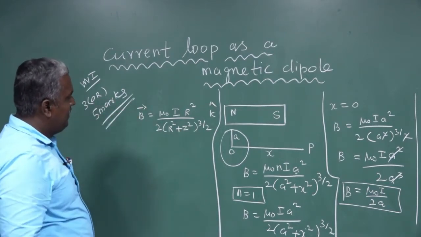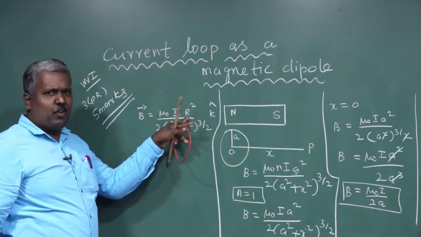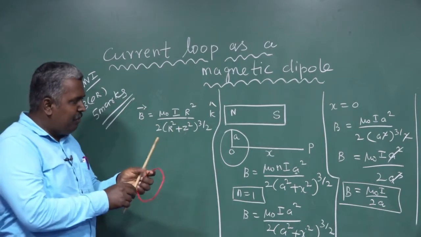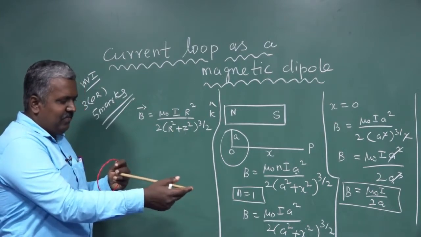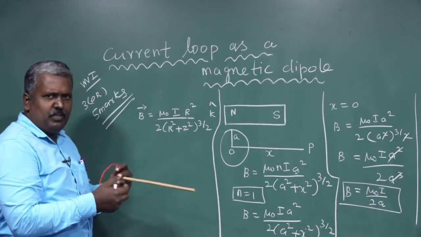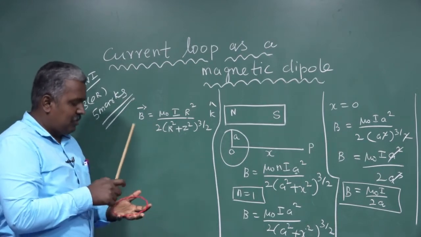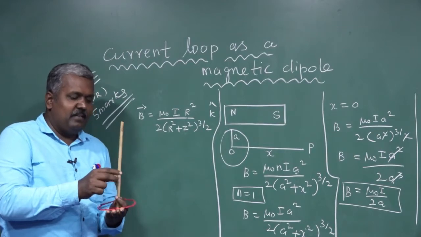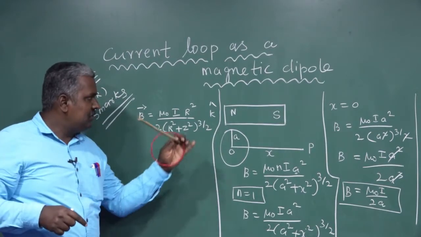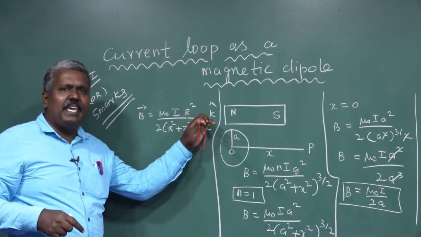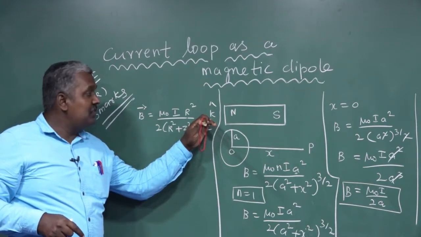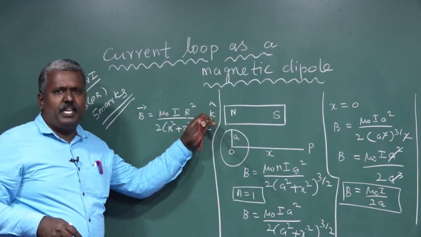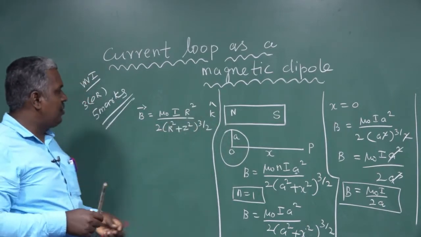Listen, okay. R is the radius of the current loop, Z is the distance of the point P from the center of the loop. In last question, you have studied about the same, correct or not? Like this. Here, this is the field direction denoted by K cap. So this gives us the direction of the magnetic field. Okay, that's our K cap.